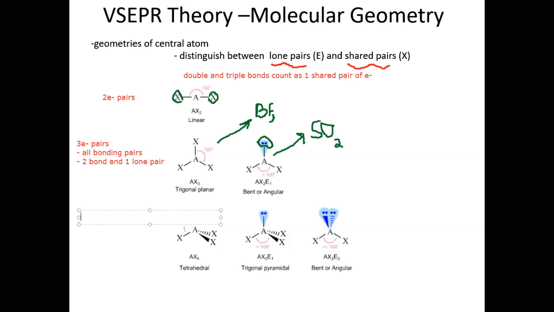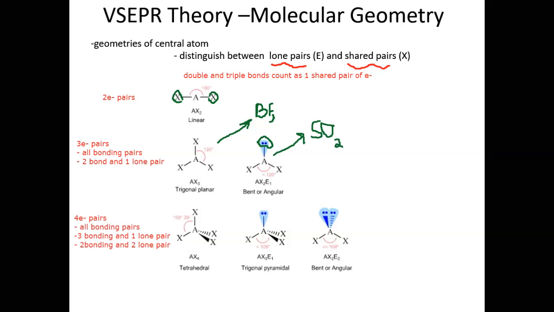Now with 4 electron pairs, they can be all bonding pairs, 3 bonding and 1 lone pair, or 2 bonding and 2 lone pairs. So again, all we're doing is replacing bonding pairs of electrons with lone pairs of electrons.